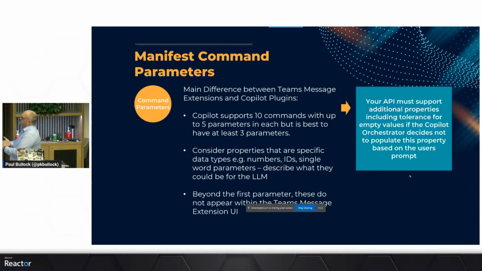So command parameters. With a Teams message extension, you get one parameter. You can do a text search or ID, whatever, and it will bring back a result. But Copilot is best used when it has more than that, perhaps 3 up to a maximum of 5 parameters.